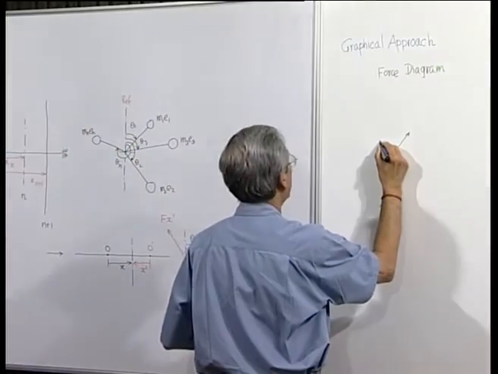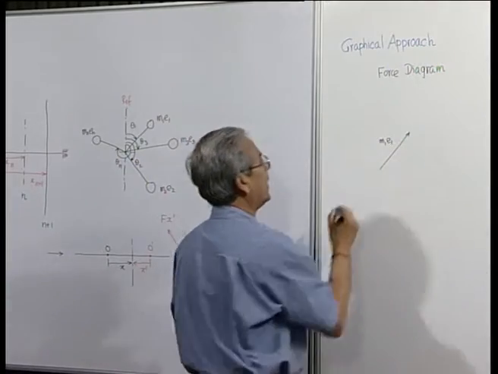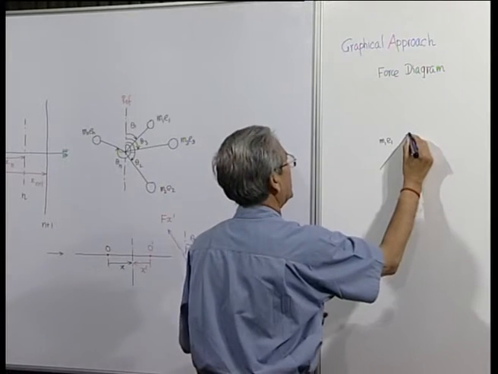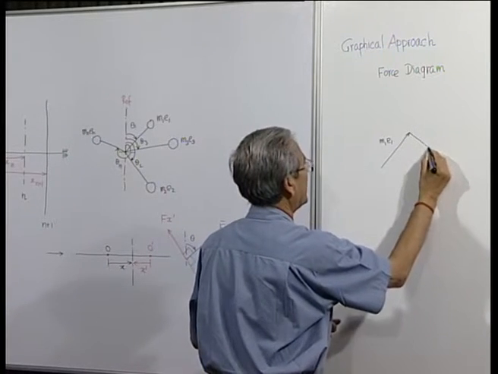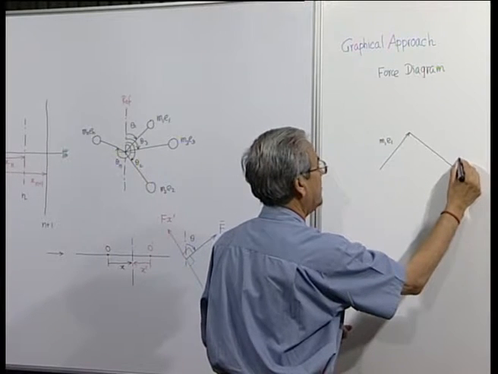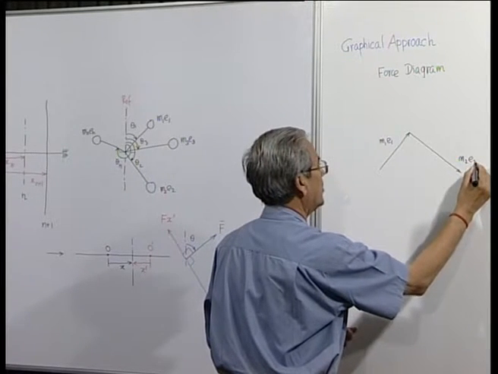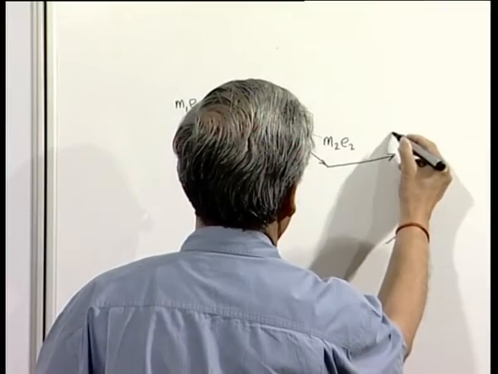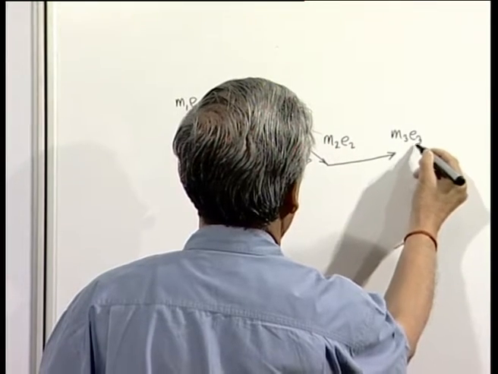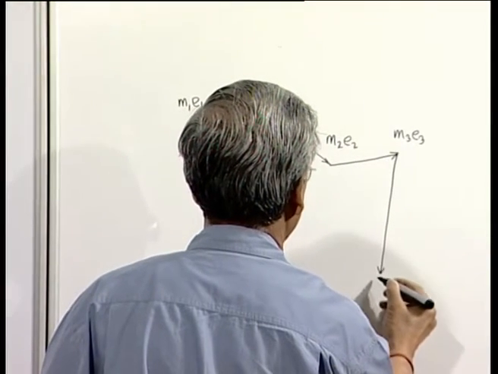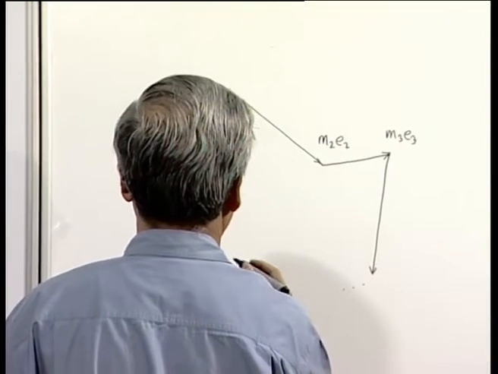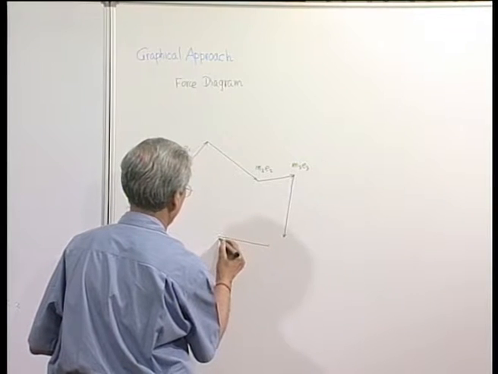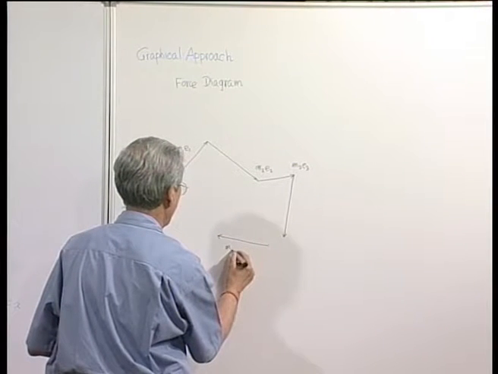So, simply m1 e1 can represent the unbalanced force, then m2 e2, next m3 e3, and so on. There may be many, and finally, we may have mn en.